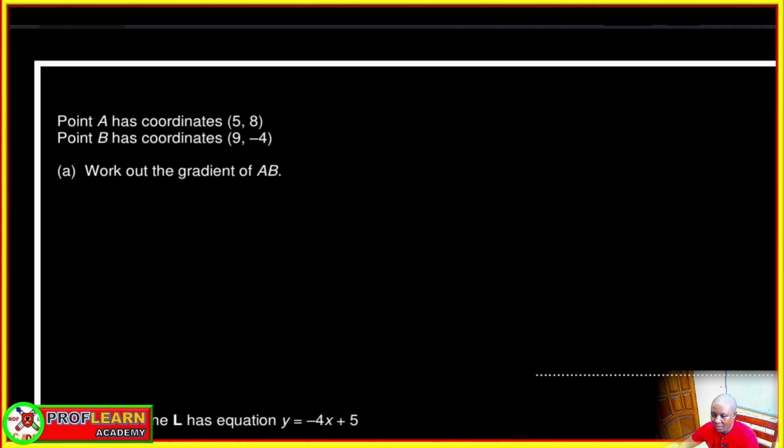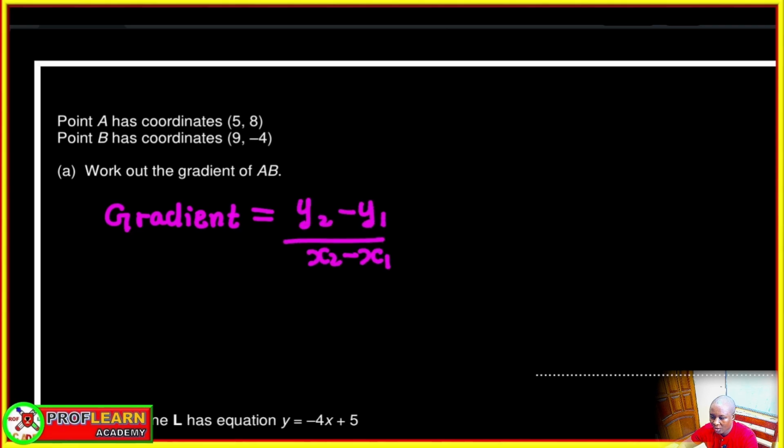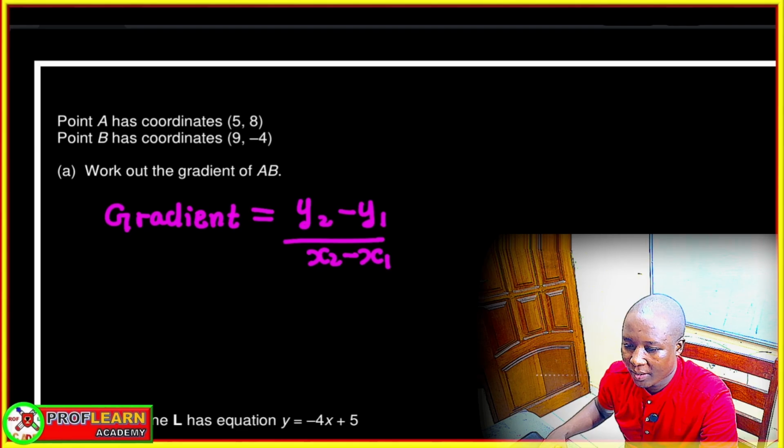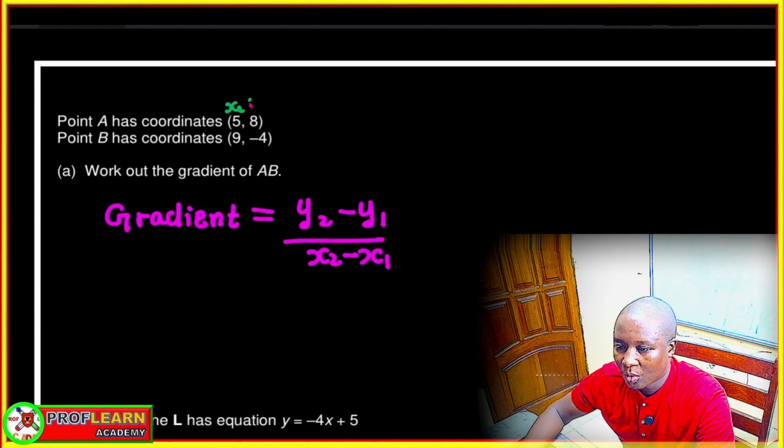Let's work out the gradient of AB. To find the gradient of a line is y2 minus y1 over x2 minus x1. It's up to you to decide which point is going to be your x1, y1 and which is going to be your x2, y2. So we say this is x2, y2, this is x1, y1.